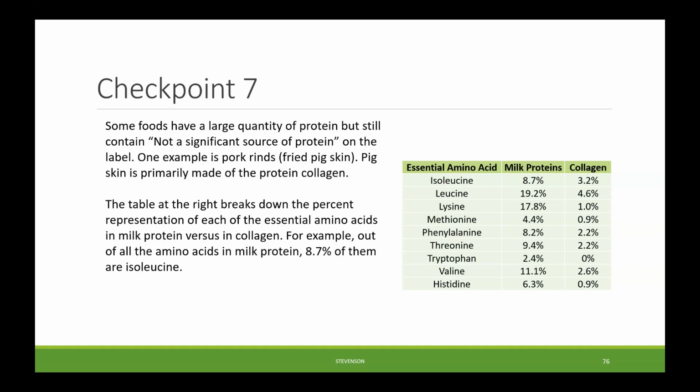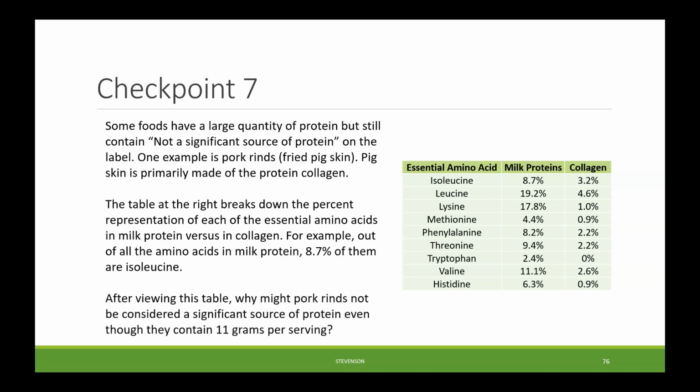The middle column, to serve as a point of comparison, shows the percent of each essential amino acid found in milk protein as well. Looking at the top row, we see that the amino acid isoleucine is 8.7% of milk protein. That means that out of all of the amino acids in milk protein, 8.7% of them are isoleucine.